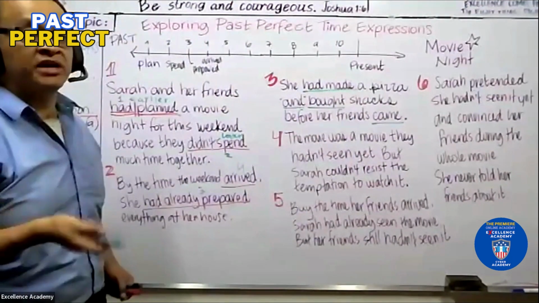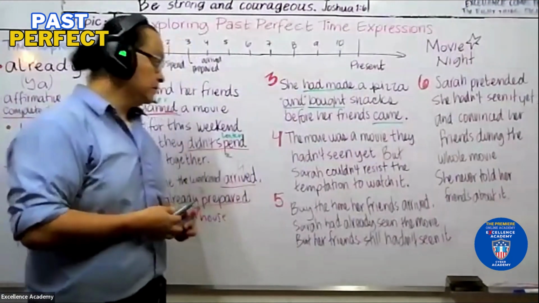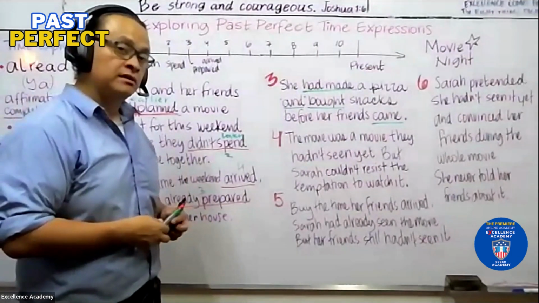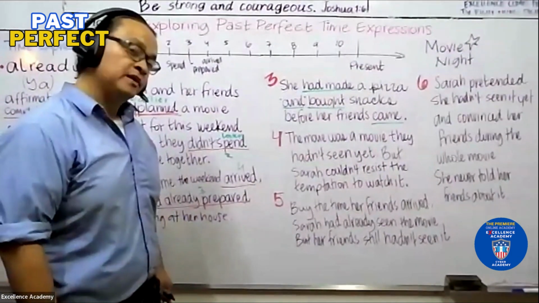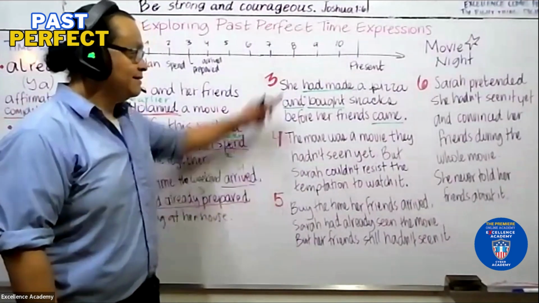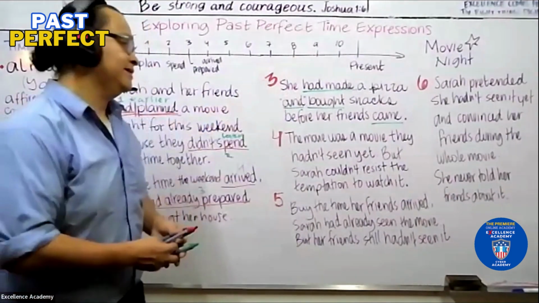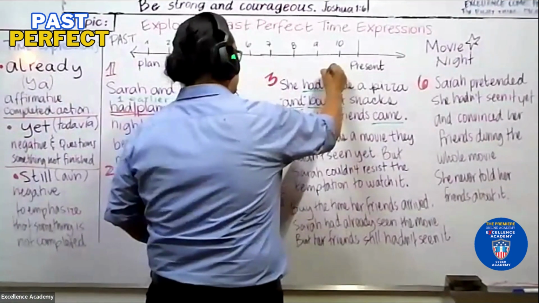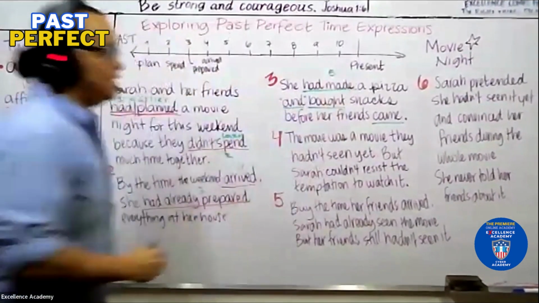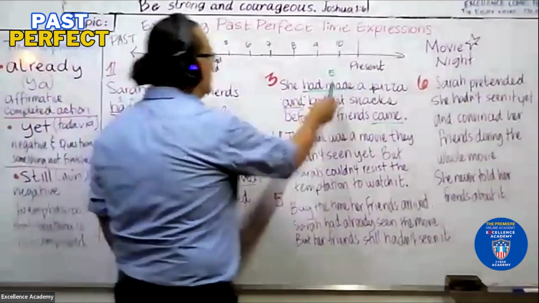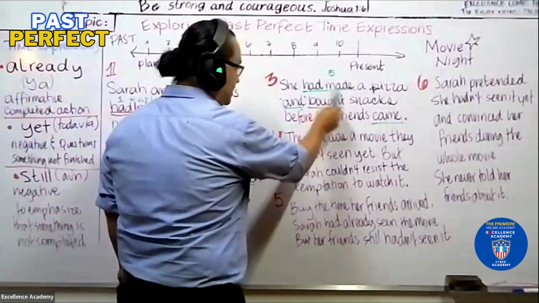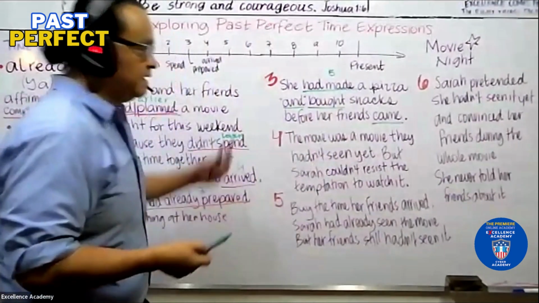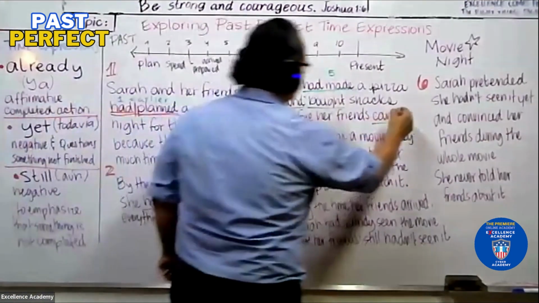The question is, which happened first? What do you think? Had made pizza. That's right. That happened first, because they said explicitly before, right? Exactly. We have past perfect, so this occurred first, the auxiliary and the participle, which means that the friends came after, right?